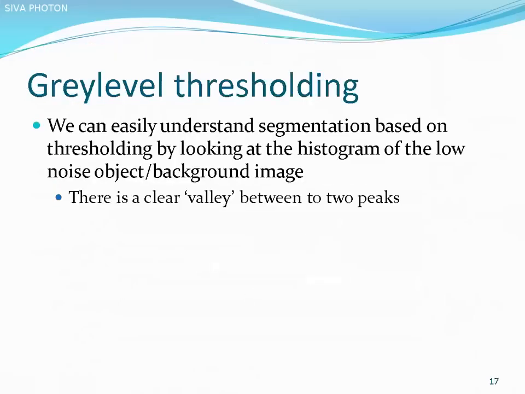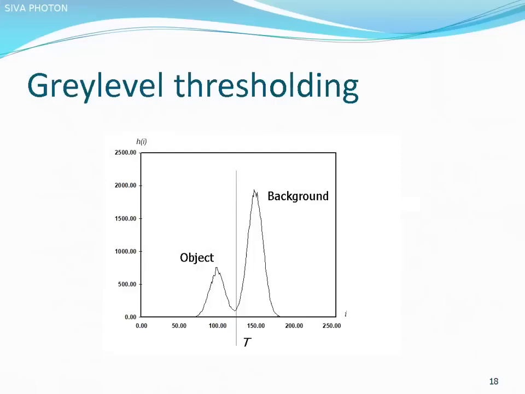There is a clear valley between the two peaks, object and background. Consider an image with a football and a plain grass background. When you plot the histogram, the object will show one peak and the background will be in another peak.